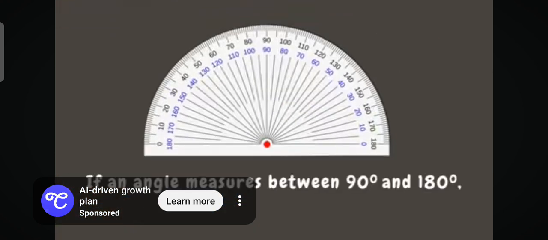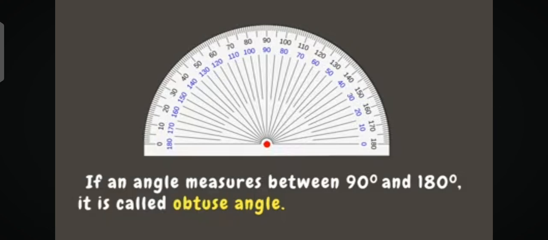If an angle measures between 90 degrees and 180 degrees, it is an obtuse angle. For example, a 130-degree angle is an obtuse angle, since it's between 90 degrees and 180 degrees.